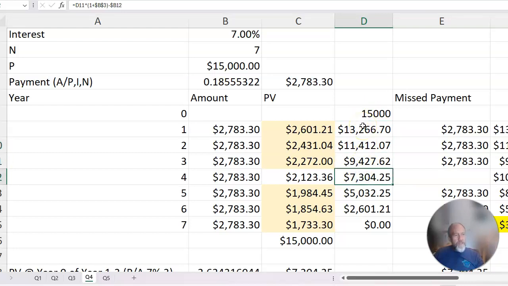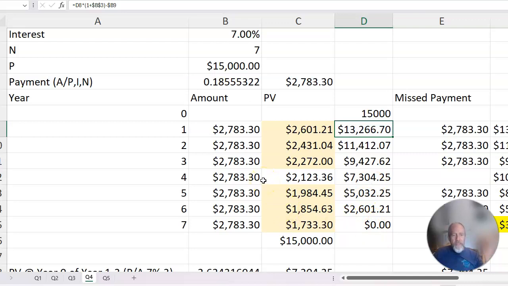Basically, add the interest, subtract the payment. Adding the interest is just calculating the interest from the previous year, which is 1 plus I times that value, and then subtract the payment, which is this amount over here. It's not that hard. And you should get this amortization table.